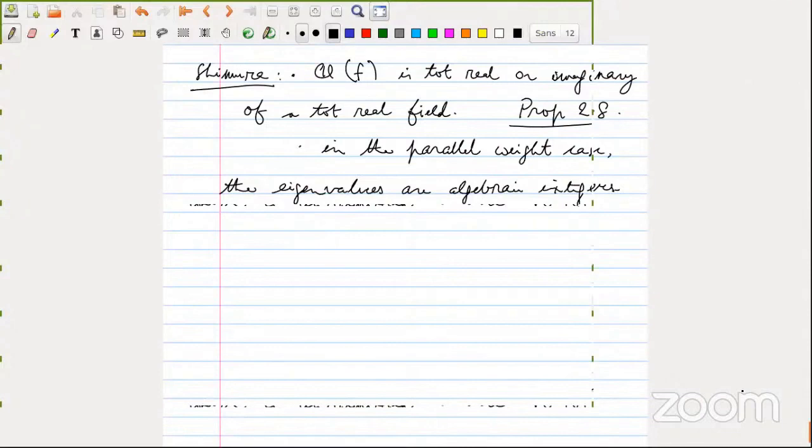But the treatment which we have given, especially in the book by Freitag and van der Geer, is that they do everything once and for all.